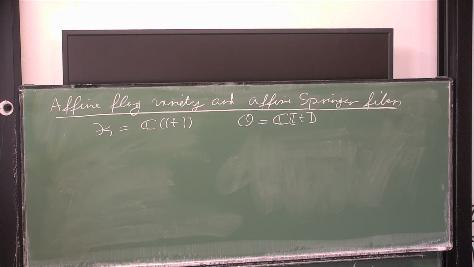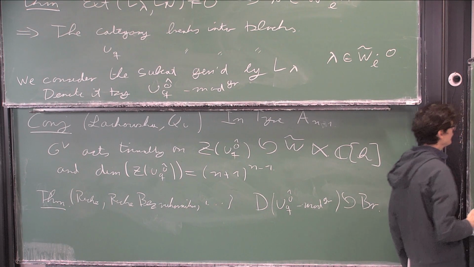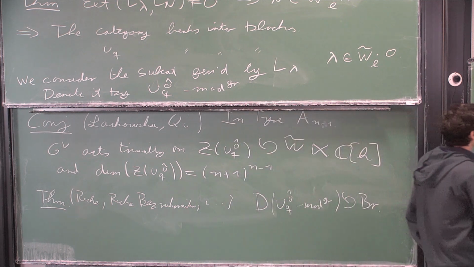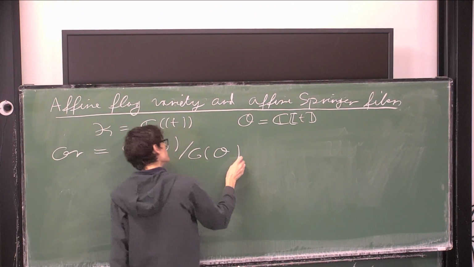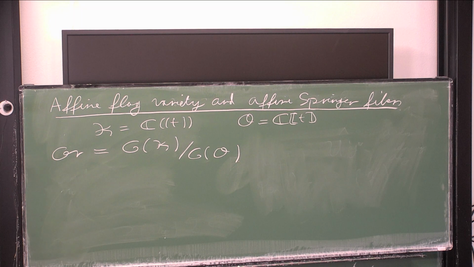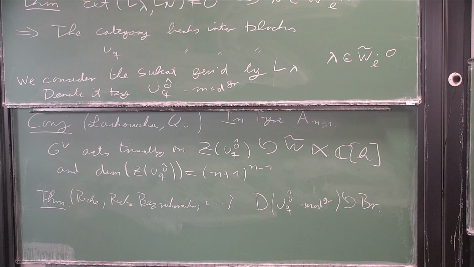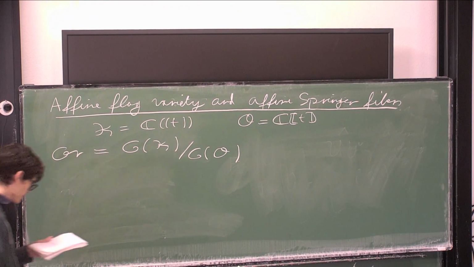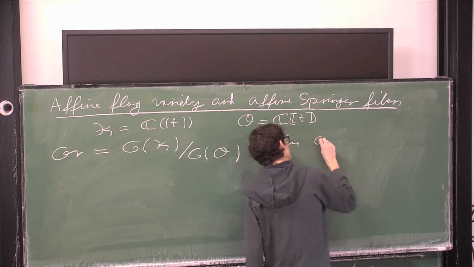And now again on the side of G, so now we're on the other side of Langlands duality, we consider the affine Grassmannian as the quotient of G of K, G with values in Laurent power series, by G of O, G with values in regular power series. So this is the affine Grassmannian.